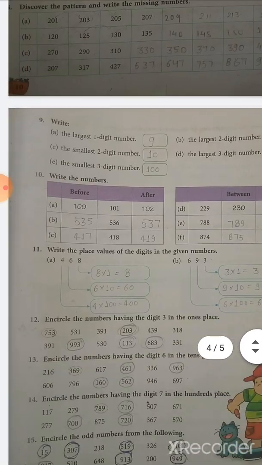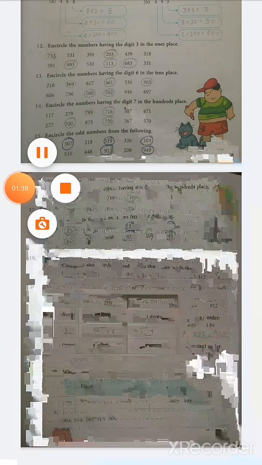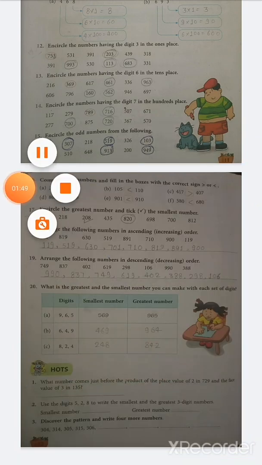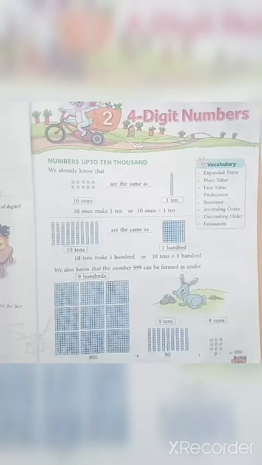Okay, and now I am going to start today's chapter. Today we will study chapter 2, that is 4-digit numbers.